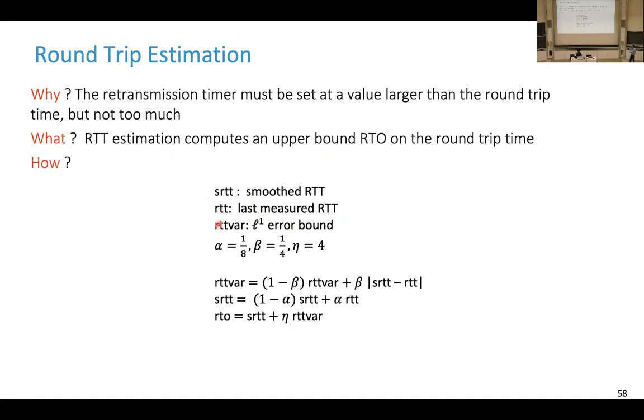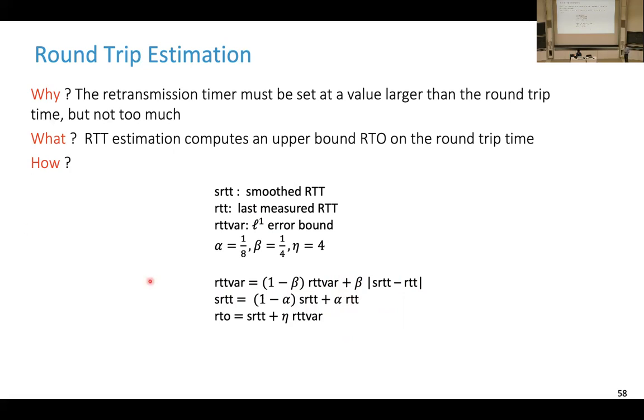the variability of the RTT, which is an L1 error bound of the RTT. It is represented here, which is the absolute value of the difference between the smooth RTT and the last round trip time measured. This is the last measure of the round trip time. And then the smooth round trip time is a proportion between the last smooth round trip time and the last measured round trip time.